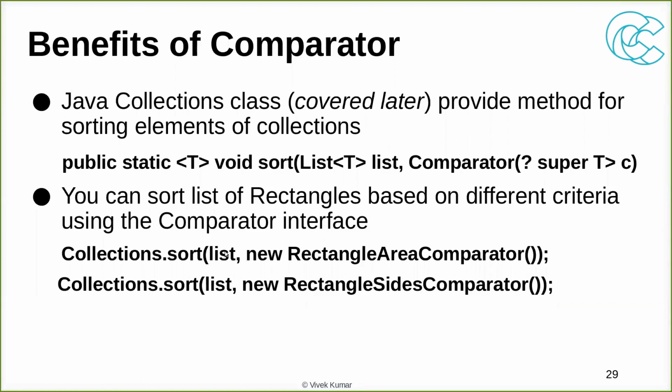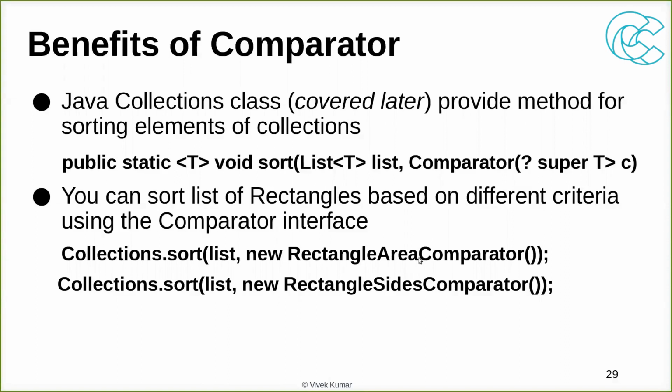Here you have a list, and the list holds objects of type Rectangle. And instead of new RectangleAreaComparator, you simply say new Rectangle. I haven't tried it, but at least by syntax it looks okay, right? So why do you think that won't work?